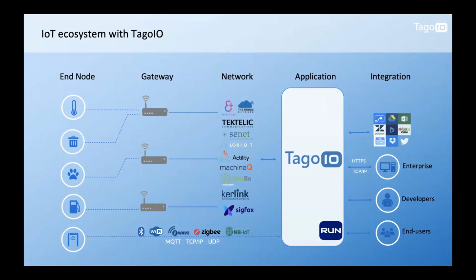Very briefly about the TagoIO ecosystem. So just a few words here. We have TagoIO as the platform for you to build applications. The key part here is that you build the application on TagoIO, and then you can deploy to your customers using the run model. TagoIO has a lot of connectors for different kinds of sensors.